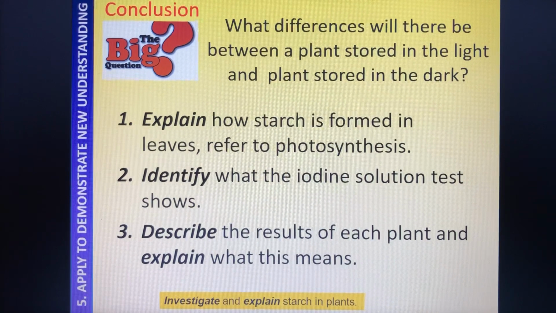Okay, now this is our big conclusion, okay? And this is our final bit of today's lesson. What we need to do is imagine that we've done all of that lovely practical. We've had a go, we've had the Bunsen burners out, and we've had the leaves in there, and we've tested them. We're now getting all of our ideas together.